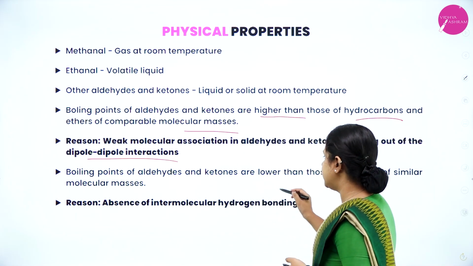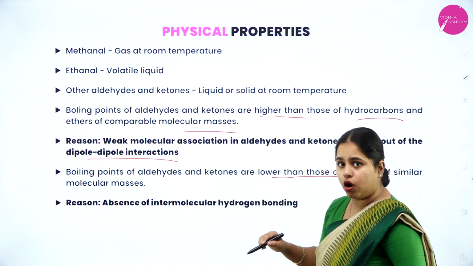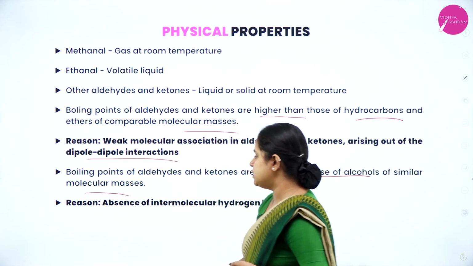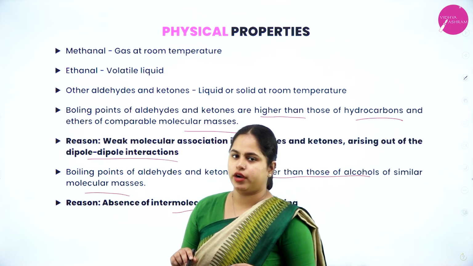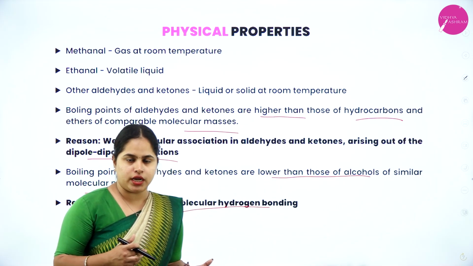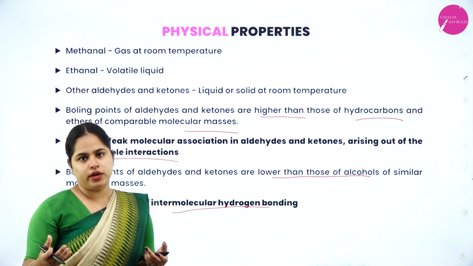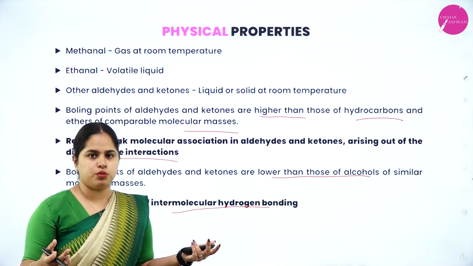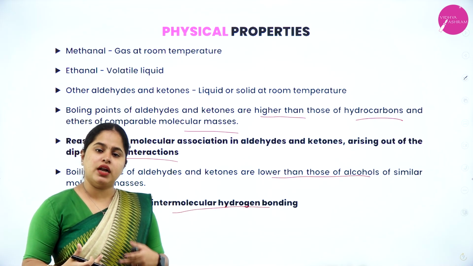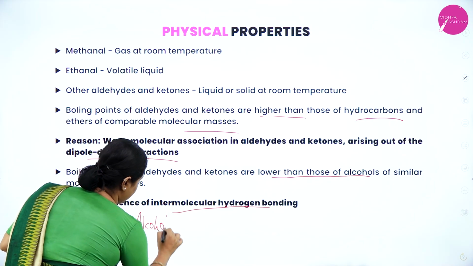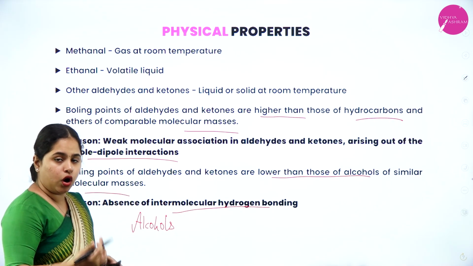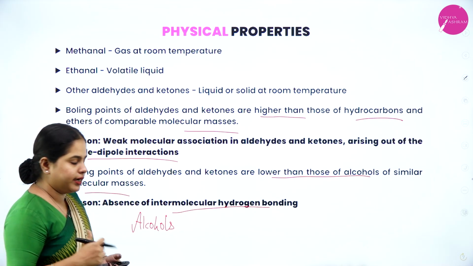Boiling points of aldehydes and ketones are lower than those of alcohols of similar molecular mass because of the absence of intermolecular hydrogen bonding. If you are comparing intermolecular hydrogen bonding and dipole-dipole interaction, intermolecular hydrogen bonding is the stronger one. So alcohols will of course have the highest boiling point because they have intermolecular hydrogen bonding.